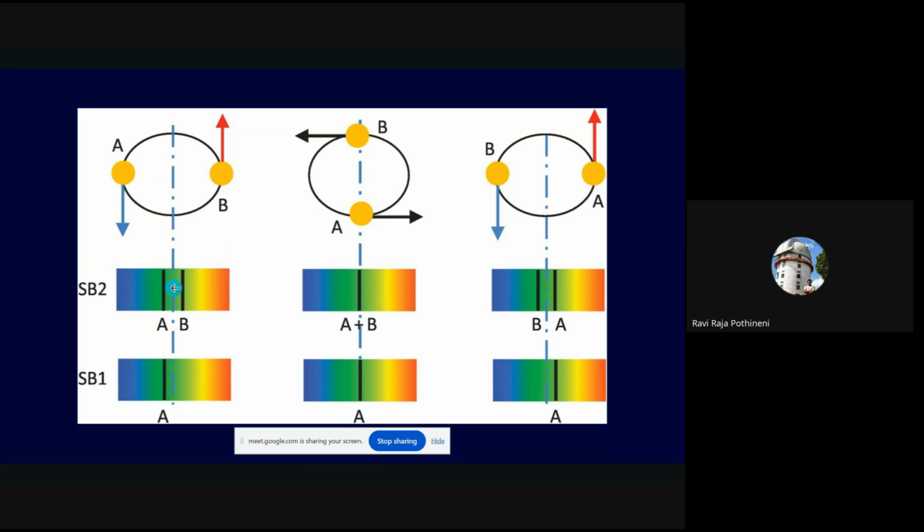Because of this variation in the spectral lines, which we call blue shift and red shift, we make use of this concept to study these types of binary star systems. Basically you get something called radial velocity from this. And making use of radial velocities, you can determine the mass ratio of these stars. Mass ratio is simply the mass of the second star to that of the first star. You will get it from this particular spectroscopy.